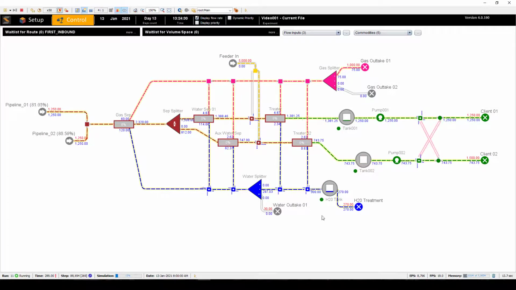With our new water outtake and water splitter configured in the network, we can see that the water outtake is alleviating some of the bottlenecking that previously occurred within the network, and our nominations seem to be flowing a bit more smoothly to the outflows.